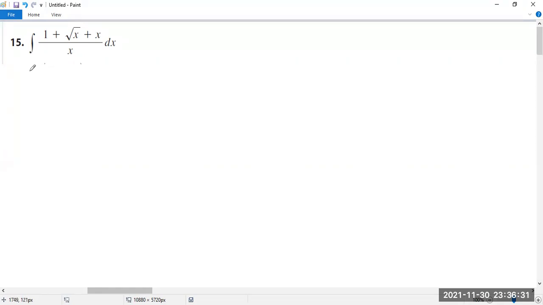This integral here is pretty hard to take, but if we simplify it so we can use the power rule and make it look like a polynomial, it can resemble something we're familiar with. So if I break this up by a common denominator, I can say that this is the integral of root x over x plus x over x dx.